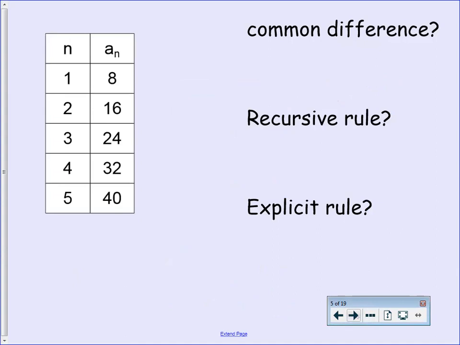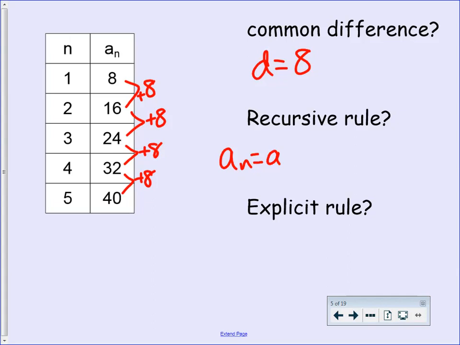All right, now let's see if you did this correctly. My common difference is my pattern. So 8 plus 8 gives me 16, plus 8 gives me 24, plus 8 gives me 32, plus 8 gives me 40. So my d is 8. That means my recursive rule is a_(n-1) plus 8. My explicit rule would be a_n equals 8n.